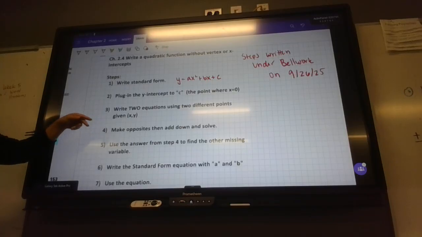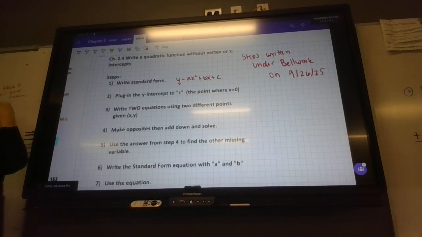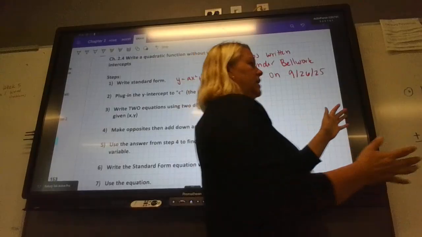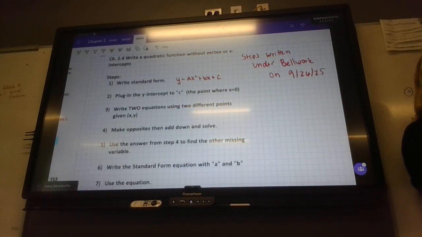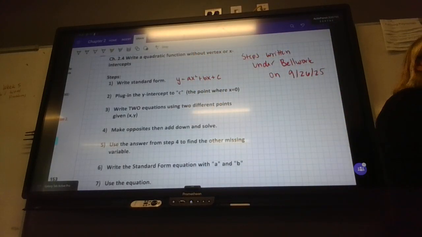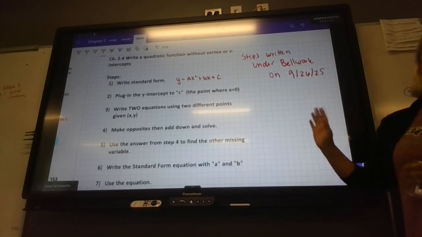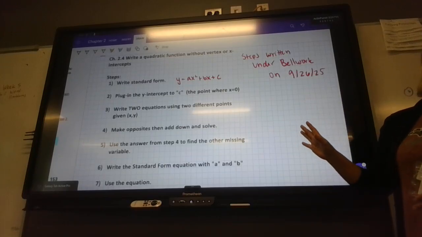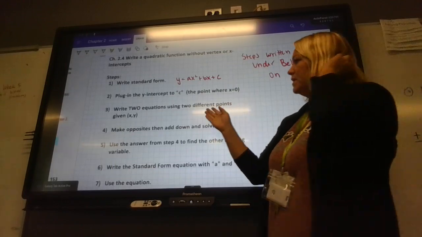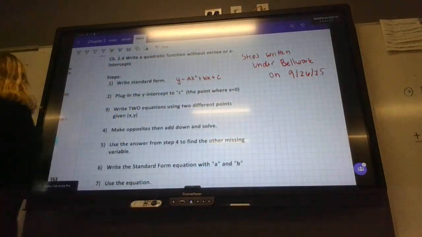Step 3 is where you write 2 equations. So back in Algebra 1, they gave you the 2 equations to solve, just like bell work. Here in Algebra 2, you have to write the equations yourself and use that process to solve it. So step 3 is to write the equations.